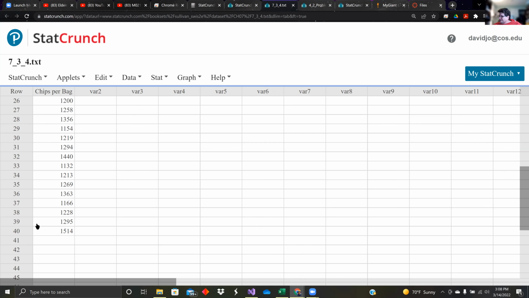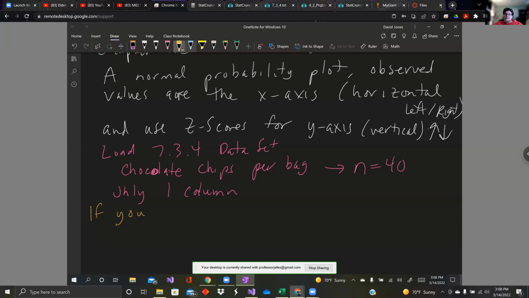When you have data like this, back over to my writing. So I wrote down the chocolate chips per bag is N equals 40, and we have only one column.